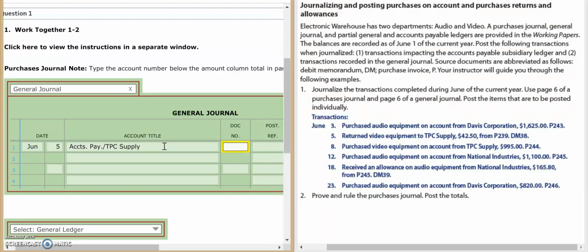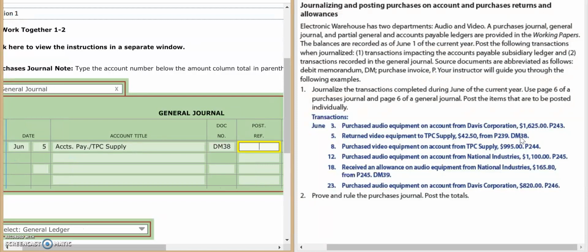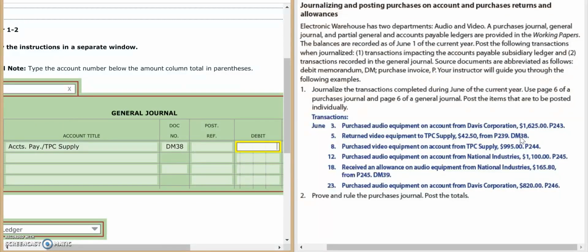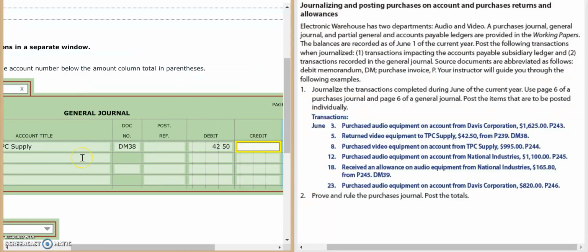Okay, so we were back at accounts payable. That was definitely not for National Industries. It's for TP Supply. That's really handy, that you can just hit the tab key instead of having to type it all in. Remember that the source document is DM 38, so we need to plug that in there. Then our debit is for the $42.50, because since we returned that, we no longer owe that to TP Supply.